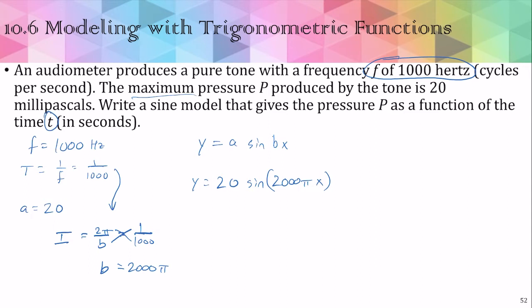They want it as a function of time, so instead of x, we'll use a t. So what did we do? We found A from the problem, we used the frequency to find the period, and then that period to find b, then plugged it in.